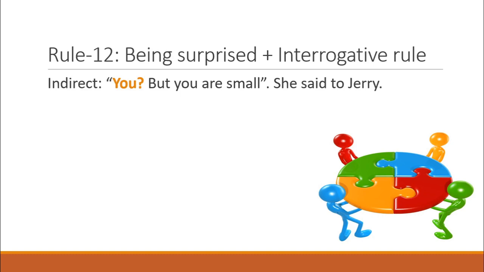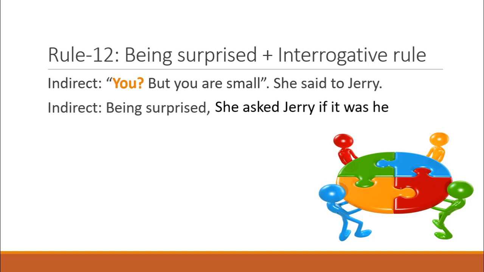So when we have this type of case in our sentence, while making it indirect, we have to write down "being surprised" at the very beginning of the indirect speech. For example, you see, being surprised, she asked Jerry if it was he and said that he was small.